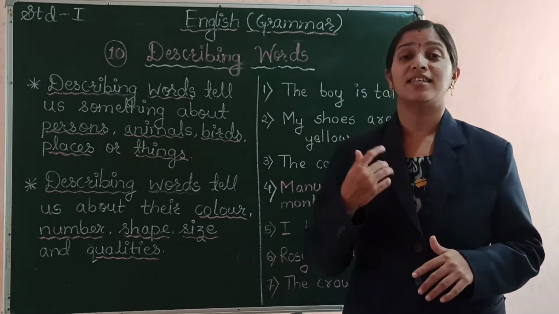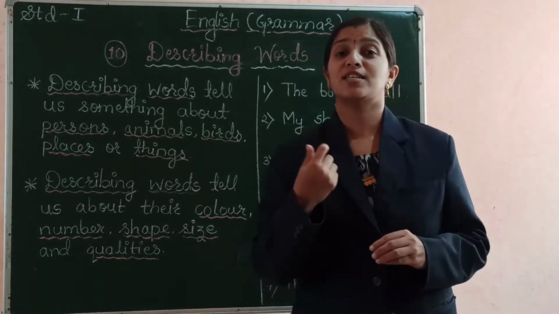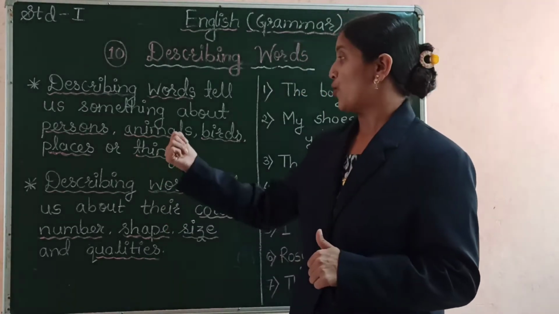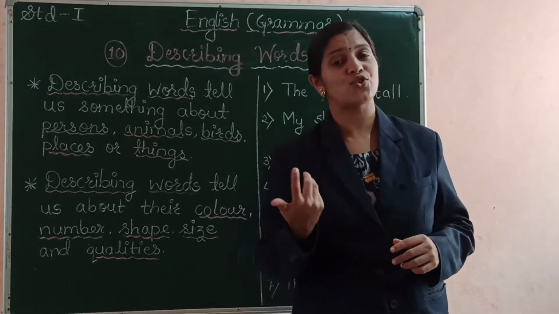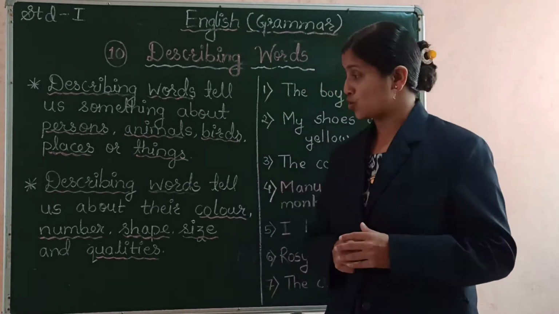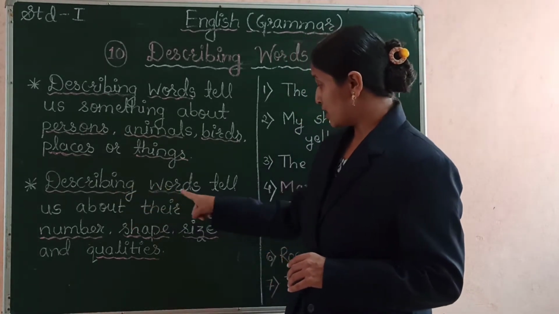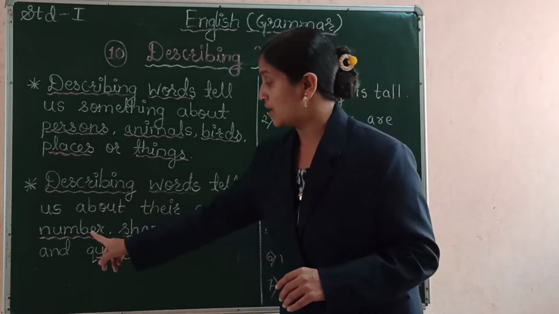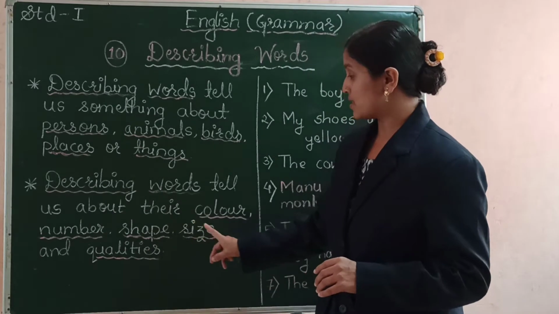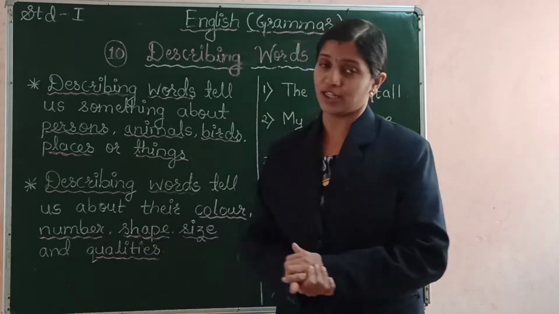It means that the describing words give us information about all these persons, animals, birds, places or things. So also the describing words tell us about their color, number, shape, size and qualities.